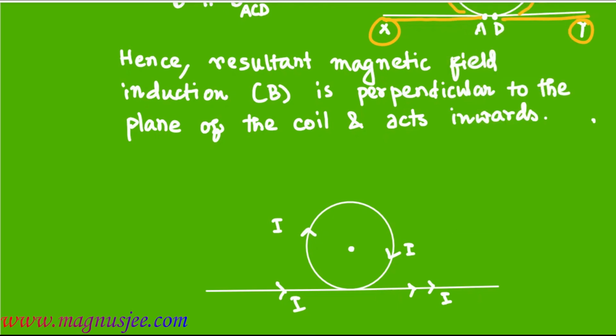In this case, resultant magnetic field induction at the center of the circular coil will be acting inwards. Vector B will be acting inwards, and this is the magnetic field induction due to the circular coil and long straight conductor.